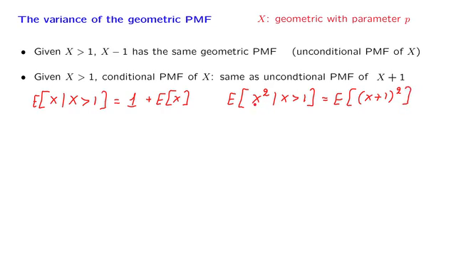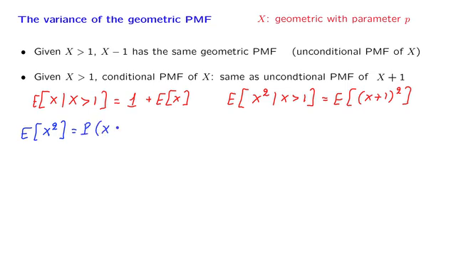So since x in the conditional universe has the same distribution as x plus 1, it means that x squared in the conditional universe has the same distribution as x plus 1 squared in the unconditional universe. So now let us take those facts and use a divide and conquer method to calculate the expected value of x squared. We will use exactly the same method that we used in order to calculate the expected value.